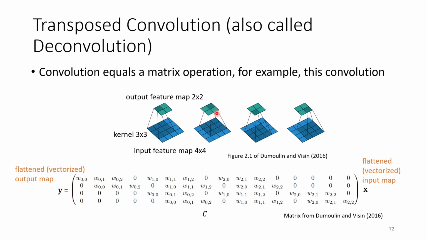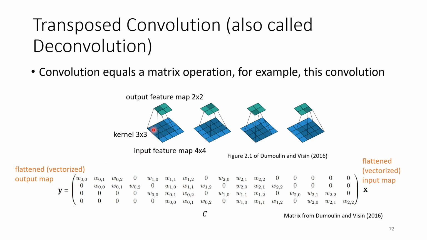If we vectorize this input image into a long vector, the vector will have 16 elements, and the output will have 4 elements. Then we can write x as the input vector of the input image, and y as the output image.